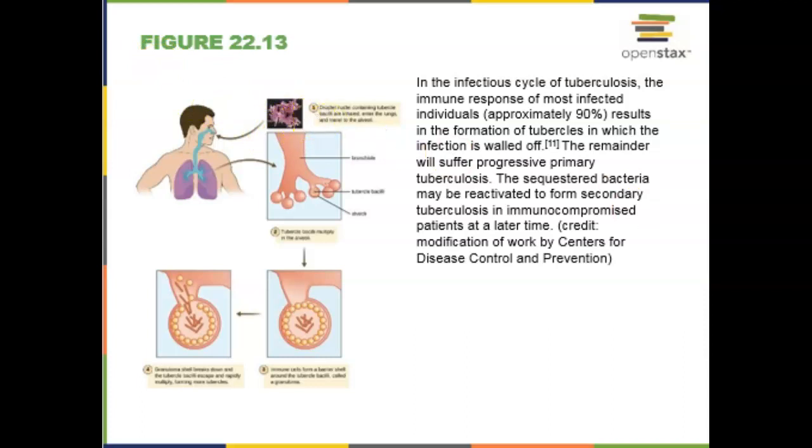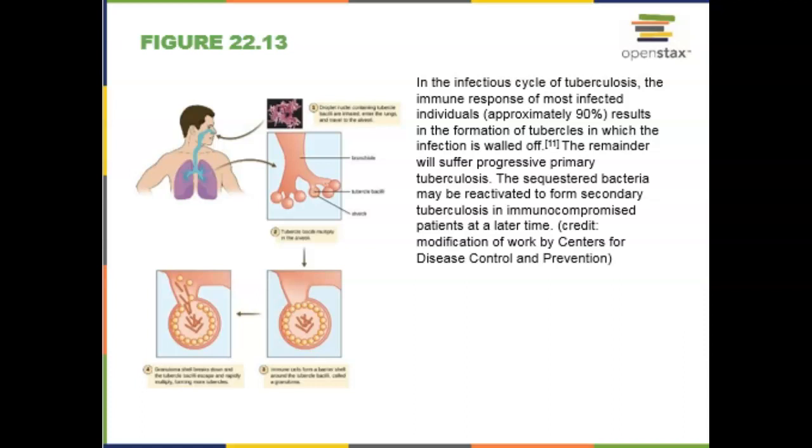It's very small here, but if you look at it in your textbook, you can see the rod-shaped cells that a person breathes in, and then it gets down through the bronchi, down into the alveoli, and what you see in this picture is this here, where you have the bacteria inside that tubercle, inside the alveoli, and the immune cells are these individual circles. They try to wall that bacteria off, and that creates the tubercle, sometimes referred to as granuloma.